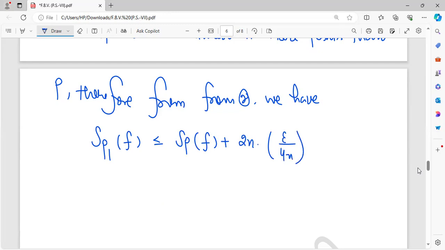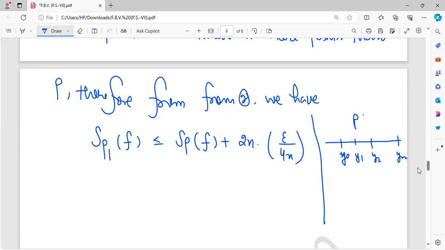Why is this happening? Because suppose you have this P partition. So there is x0, y0, y1, y2, ym is here.